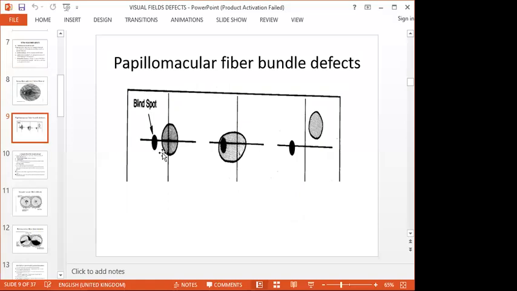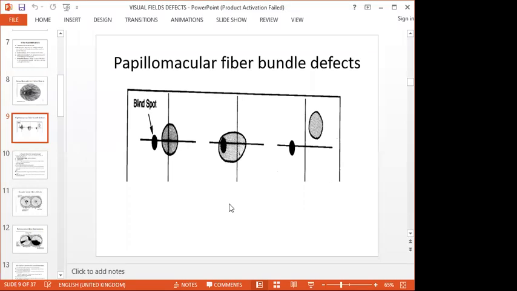What is this? Blind spot is what? Optic disc. Yes, the blind spot is the optic disc.